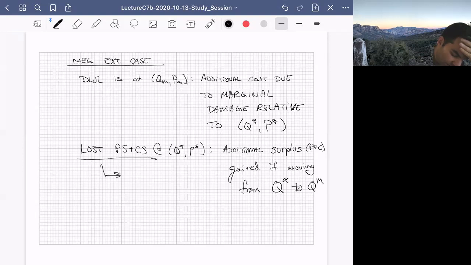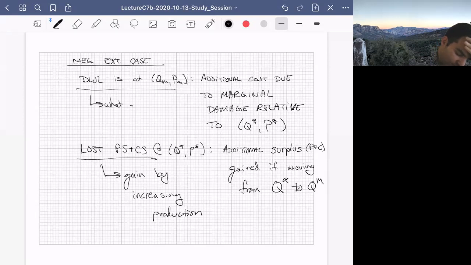So this here is what you gain by increasing production, and this here is what you lose by increasing production.